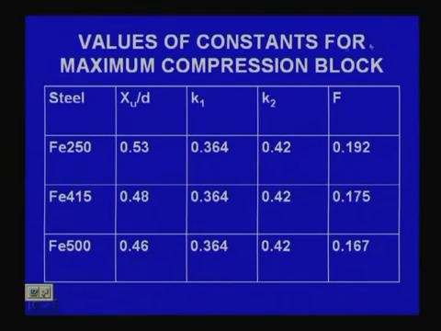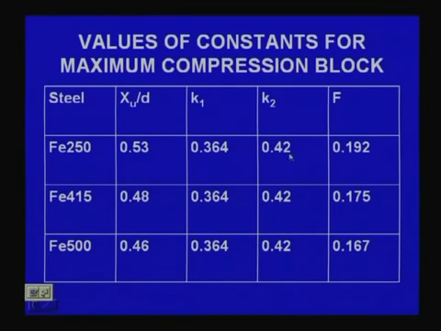So one parameter K1, another parameter K2, and the third parameter we are taking F. So values of constants for maximum compression block. We are considering that as a block, one straight portion, another one parabolic portion. For different steel, xu by d that we have noted down 0.53, 0.48, 0.46. K1 is 0.364, that is constant for steel.